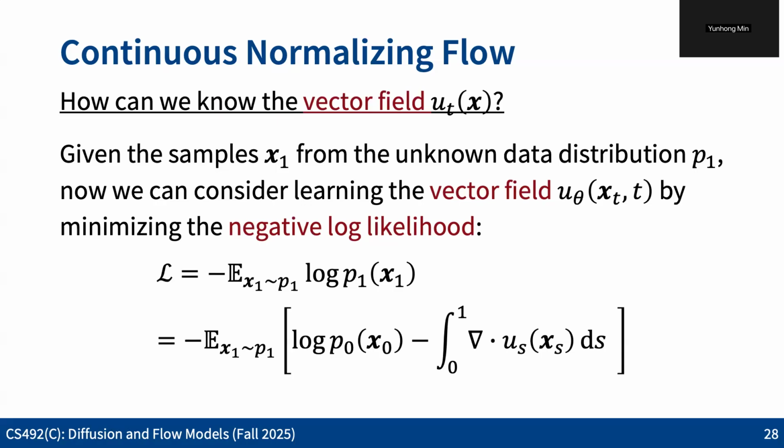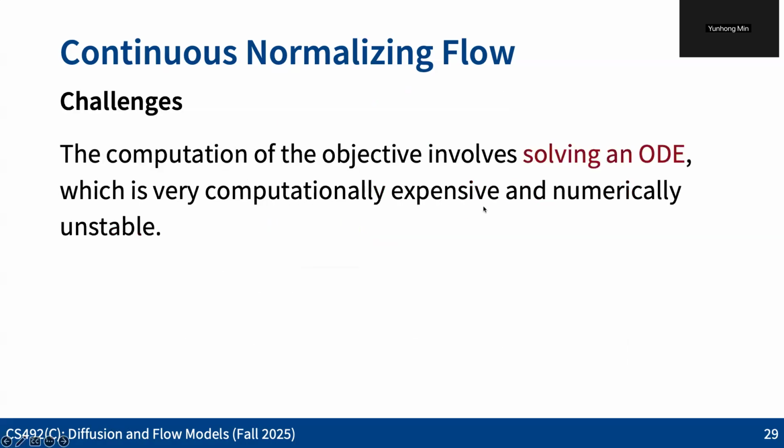Solving the ODE in a very stable way is super challenging, unless we have some very specific form of the ODE formulation. For the general form, the ODE solve can be not only computationally expensive, but also numerically unstable.